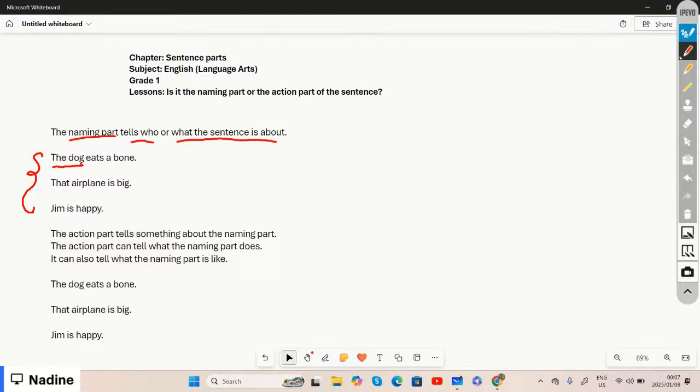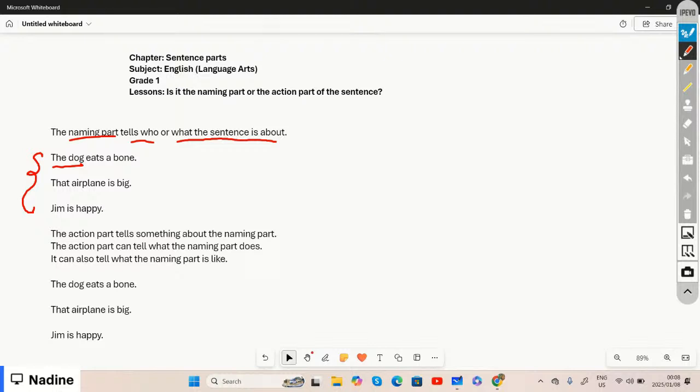If you look at the next sentence, it says the airplane is big. We need to identify the naming part. We need to say who or what the sentence is about. The airplane is big.